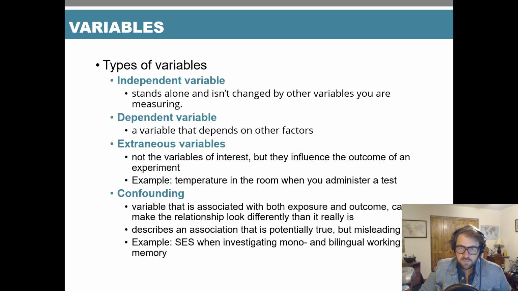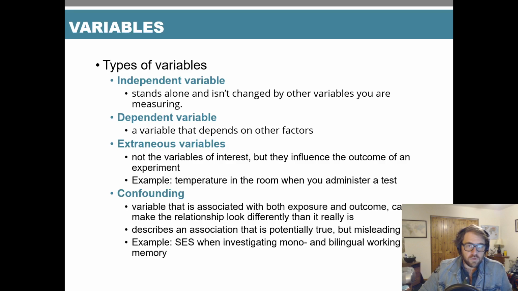An extraneous variable. Here we go. These are some new concepts. These are not the variables of interest, but they influence the outcome of an experiment. Consider the temperature in the room where you administer a test. If you have some foods and you say, hey, which food is most appealing right now?